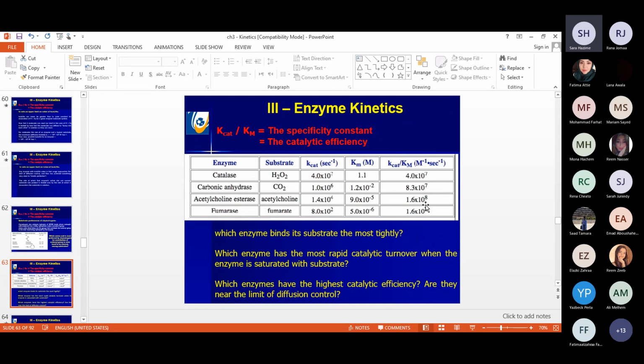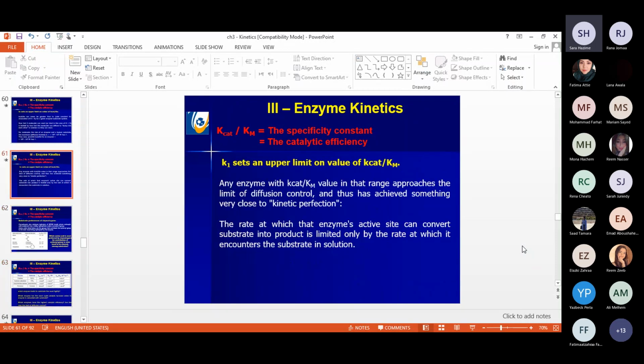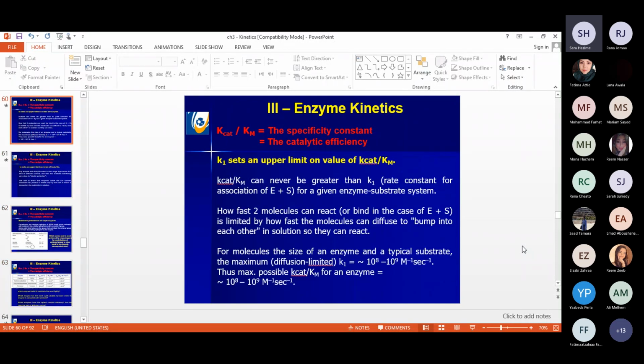Okay? Next, are they near the limit of diffusion control? That means, are you at the catalytic perfection? Diffusion control limit means the value tends to the highest value of K1, which is equal to? Yes, between 10 to the 8 and 10 to the 9. Kinetic perfection is between 10 to the 8 and 10 to the 9.